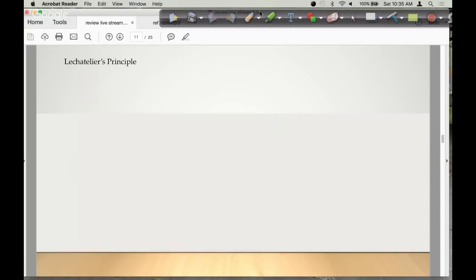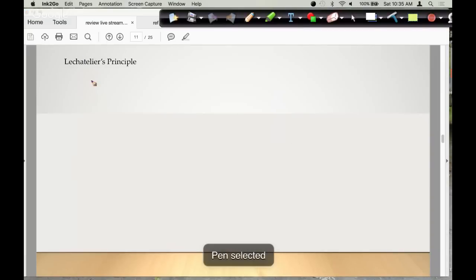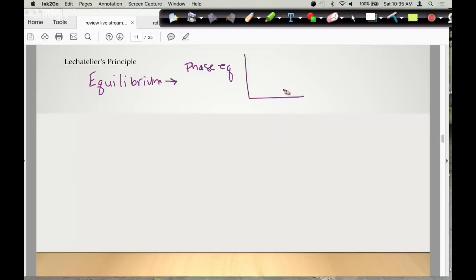Next thing I wanted to go over was LeChatelier's principle. And first thing we need to know is that LeChatelier's principle deals with systems at equilibrium. And we have phase equilibrium when we have a phase change, so phase equilibrium is at a phase change on the heating and cooling curves.